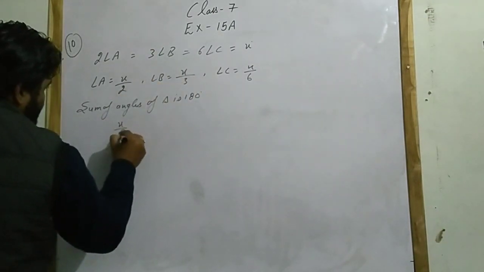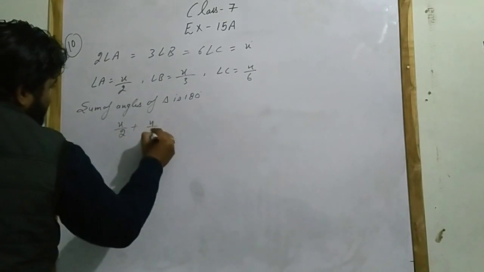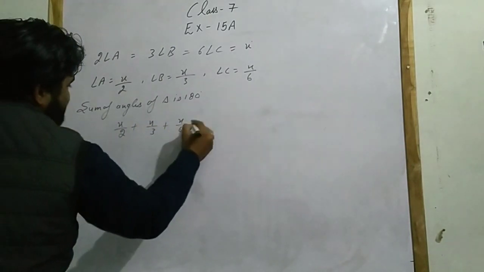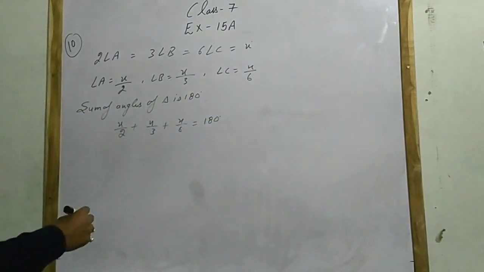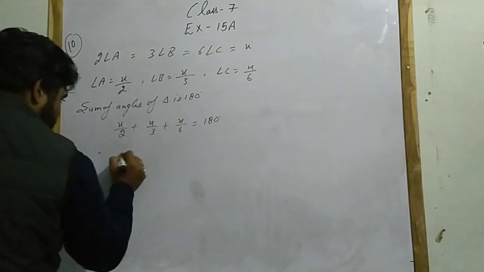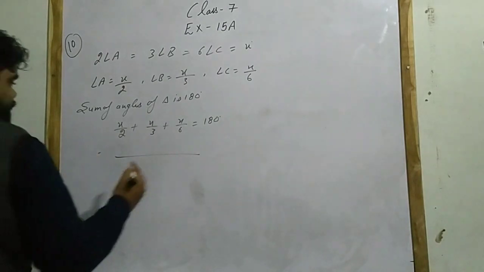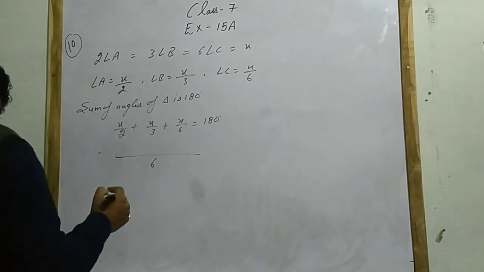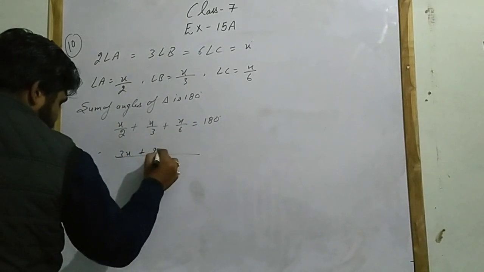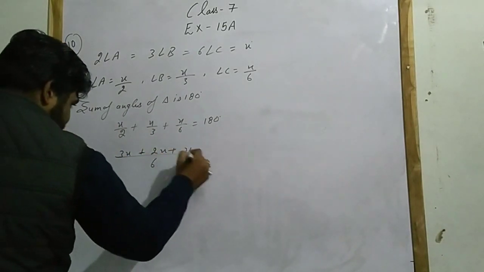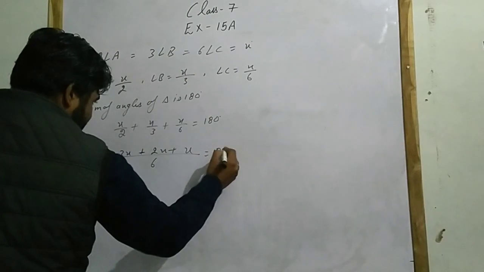So x upon 2 plus x upon 3 plus x upon 6 equals to 180 degree. Now take LCM. LCM of 6, 3 and 2 will be your 6. After that, 3x plus 2x plus x equals to 180 degree.